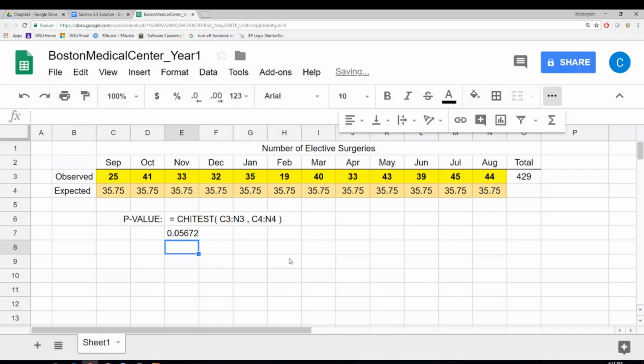So in the background here, it is doing lots and lots of calculations for me. Remember, it is computing the distance between the observed and the expected. It's squaring it. It's dividing that by the expected. It's doing that for all of these categories all the way along here, and then it's adding that up.